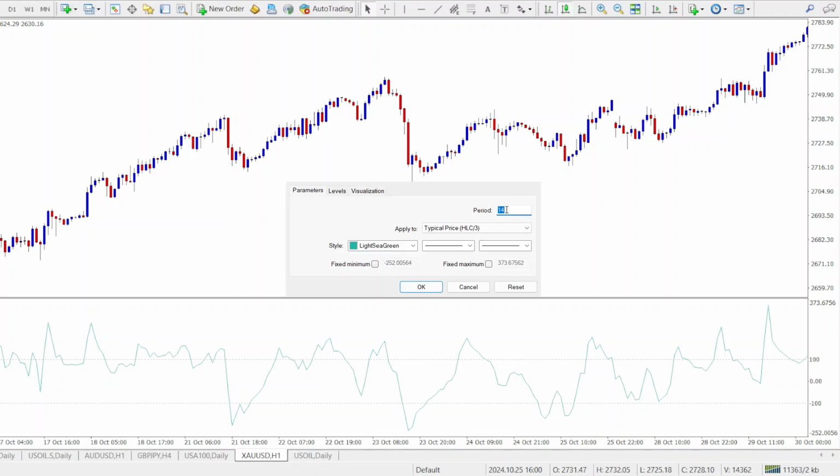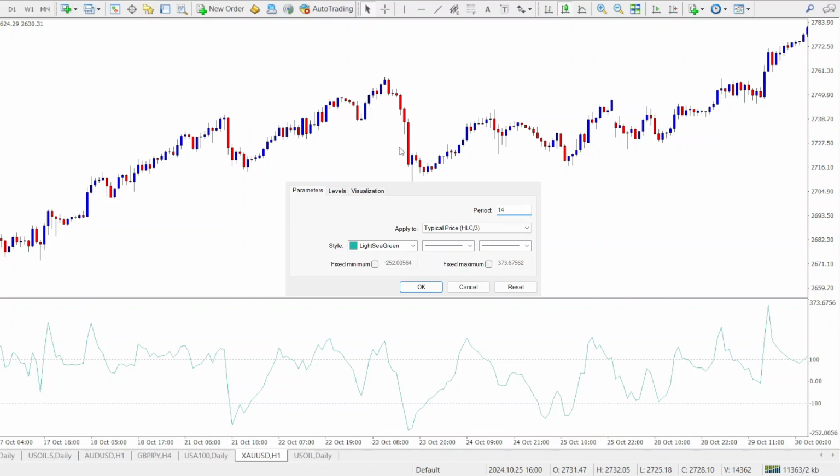We can see from the settings that the default period is 14. So if you are trading on the 1 hour chart, it means the measurement is done over the past 14 hours. If you are trading on the daily time frame, it means the measurement is done over the past 14 days.